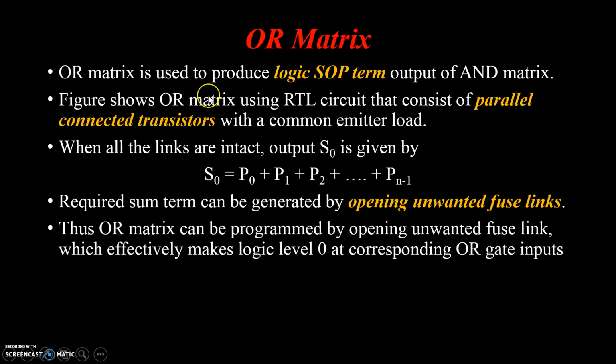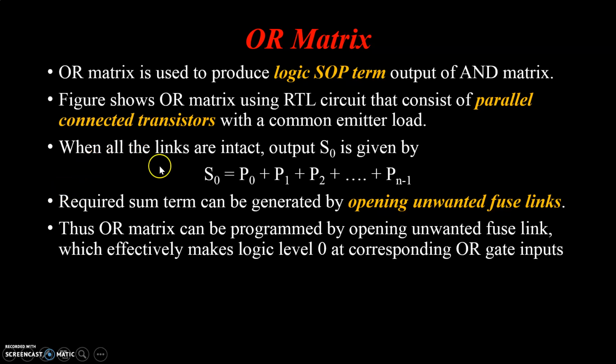OR matrix. The OR matrix is used to produce the logic sum of product terms, the output of the AND matrix. The figures show the OR matrix using an RTL circuit that consists of parallel-connected transistors. RTL stands for resistor transistor logic.